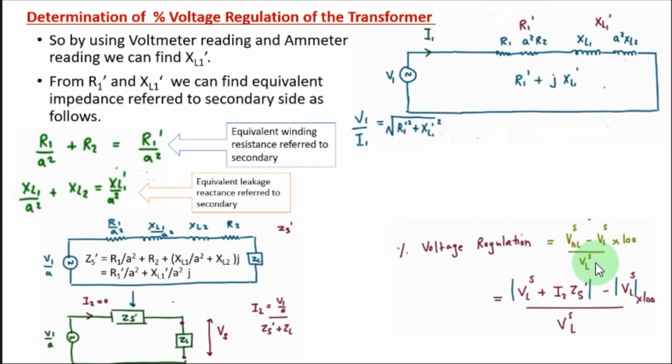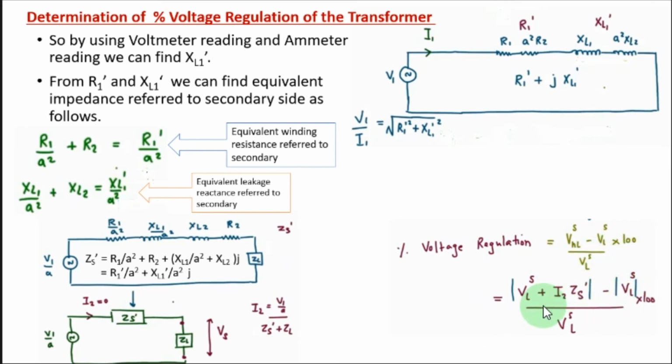Normally, if it is a low value, that means there is not much difference in the output voltage when the load is changing. So it is a measure of the quality of the transformer. Normally the output voltage should not be much dependent on the load. That percentage is given like this.